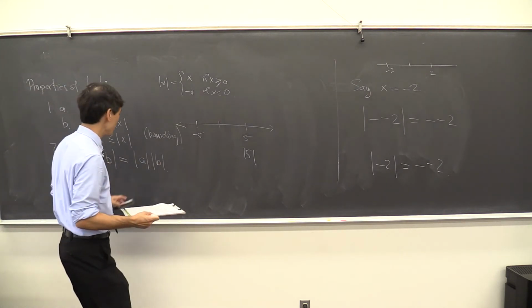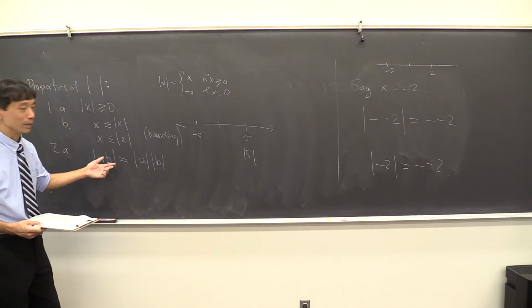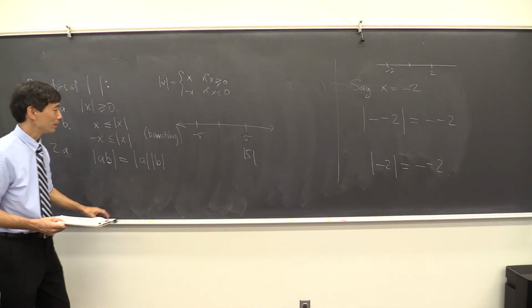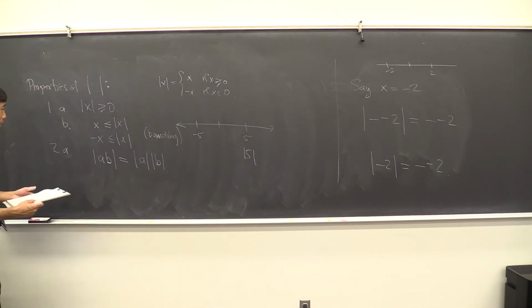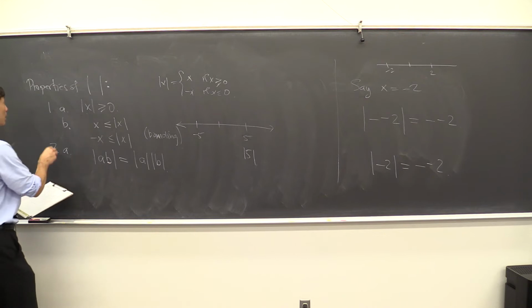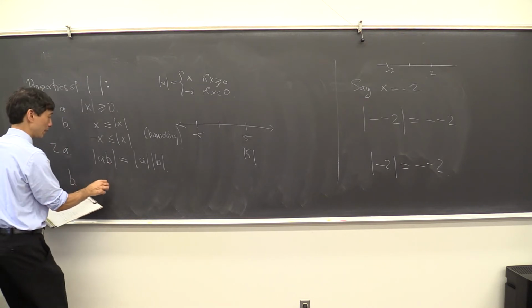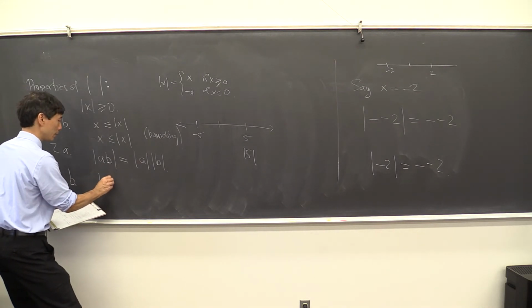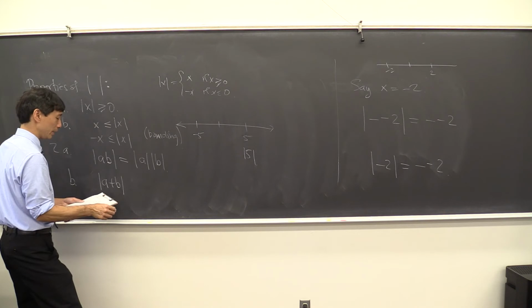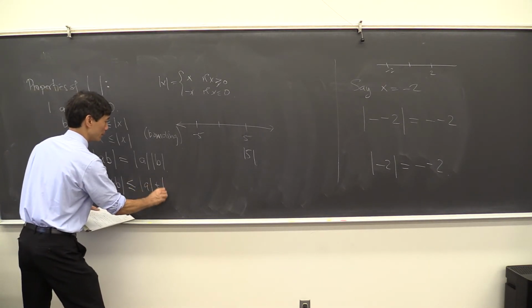You can probably convince yourself of that with some examples. That's not a proof, but I'm just going to leave these as facts. And then property 2b is how the absolute value works with addition: the absolute value of a plus b is always less than or equal to the absolute value of a plus the absolute value of b.